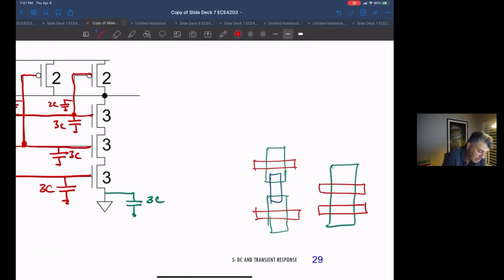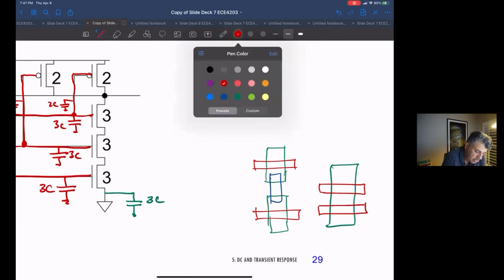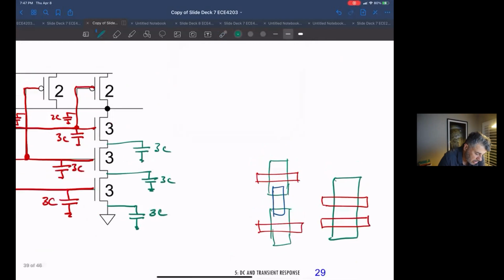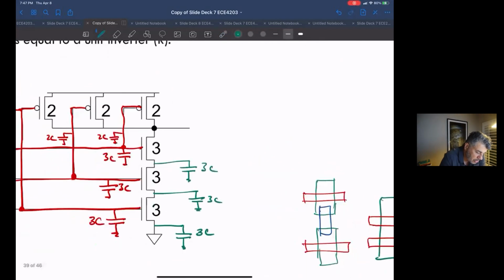So let's assume we did a better job of designing this than 2 separate guys. So this just ends up being 3C. And let's say we did a similarly good job on the layout here. We get 3C here.